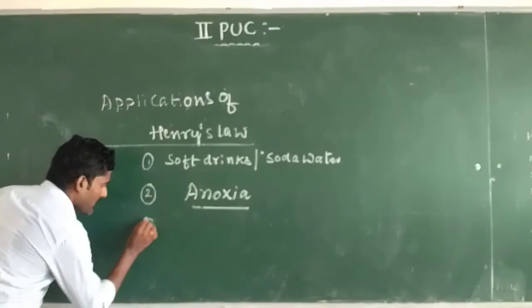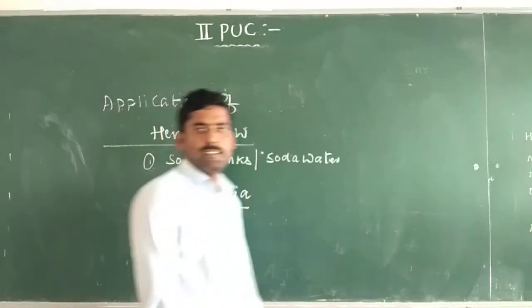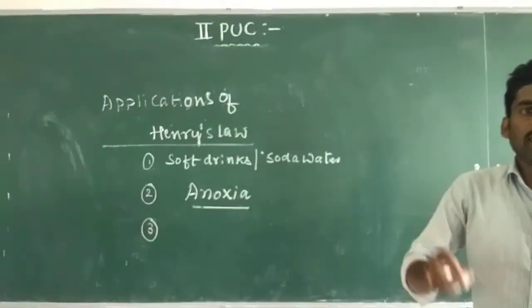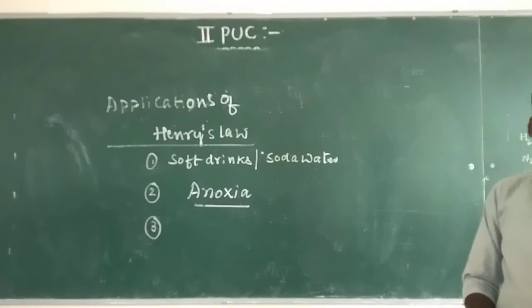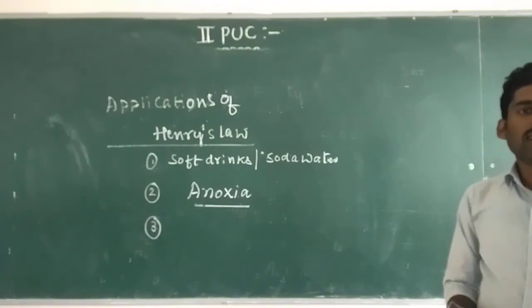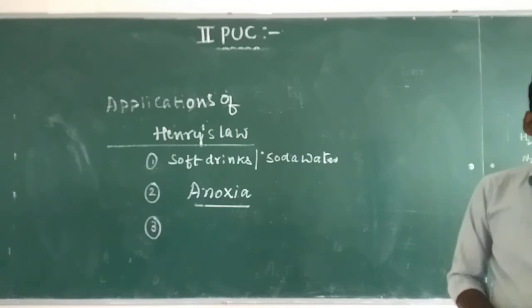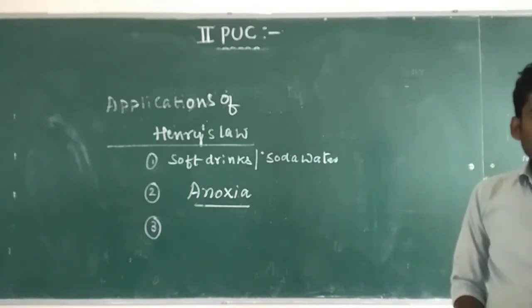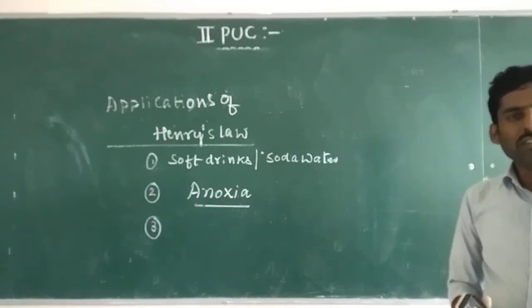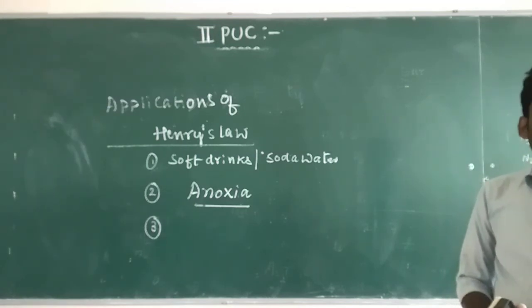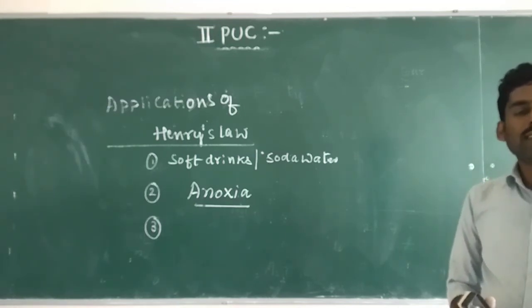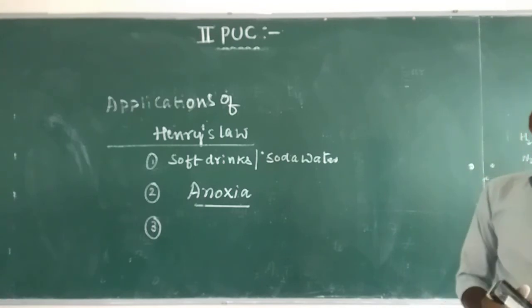And the third application is in the deep sea. More and more nitrogen and oxygen are dissolved in the water because of high pressure. In the deep sea, pressure is very high, so more oxygen and nitrogen are dissolved.